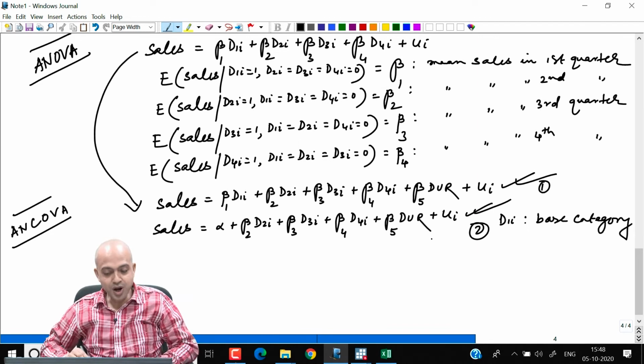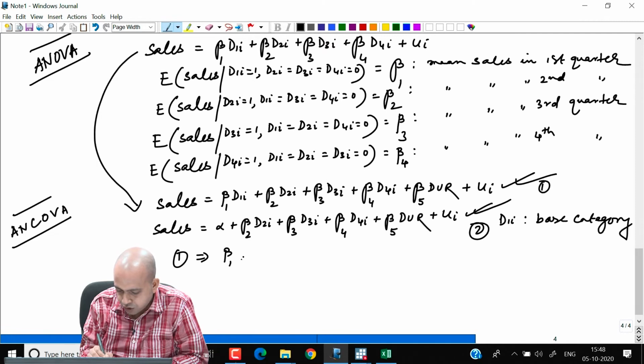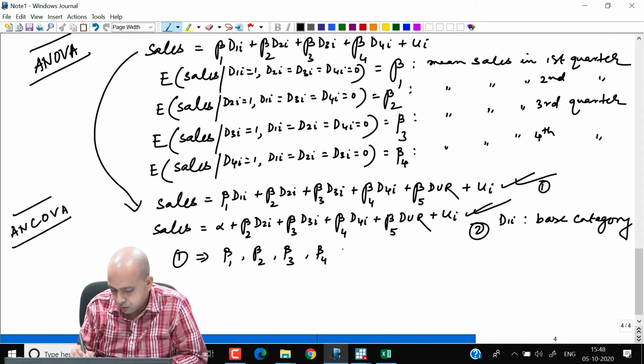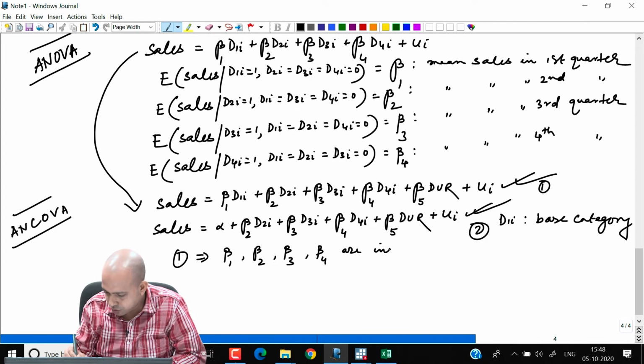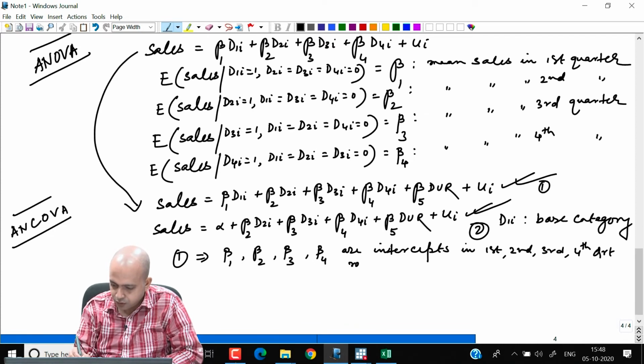So in model 1, beta 1, beta 2, beta 3 and beta 4 are giving direct intercepts for first quarter, second quarter, third quarter and fourth quarter respectively.